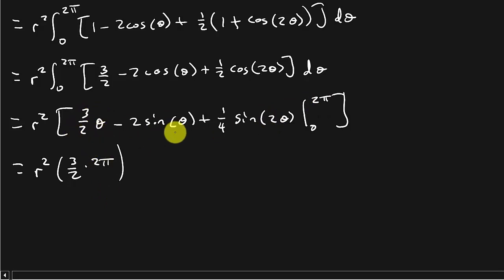What's the sine of 2 pi? It's 0, so there's not going to be anything else. Then you minus, and you plug the 0 in. All those are going to be 0. So that's all you have right there. And so your final answer is 3 pi r squared. And so there's your area.